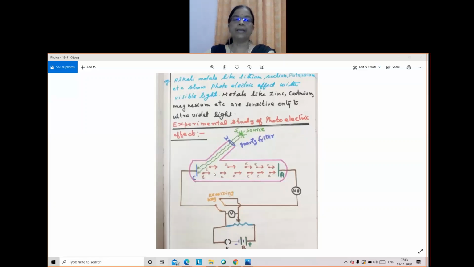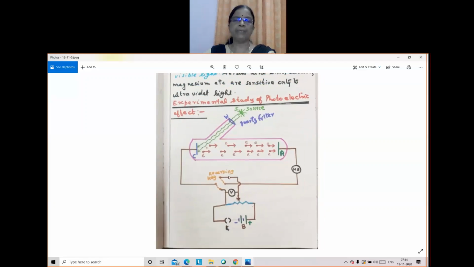And you see, when we apply a potential difference, positive potential to this plate, electrons are ejected, but how will they reach here? For that, we have to apply positive potential to this plate A. So, A is given positive potential, connected to the positive of the battery. For that, this arrangement is given, the commutator arrangement.